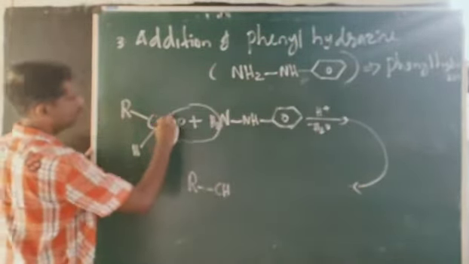What do you mean by 2,4-dinitrophenyl hydrazine? How will you write hydrazine? NH2-NH2. This is hydrazine. How will you write phenyl hydrazine? One H is replaced by a phenyl group.